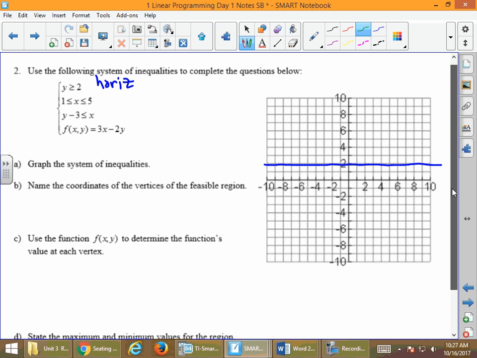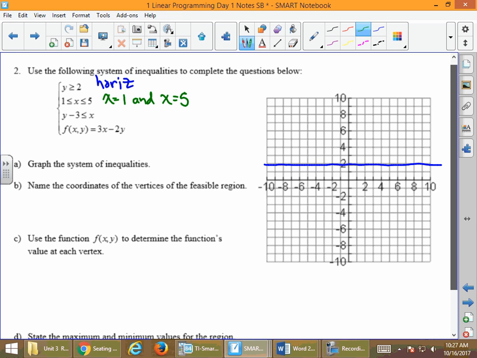the second inequality listed on our problem here says 1 is less than or equal to x, which is less than or equal to 5. Or another way of stating it is x is between 1 and 5. And what we're going to graph is this line x equals 1, and we're also going to graph x equals 5.